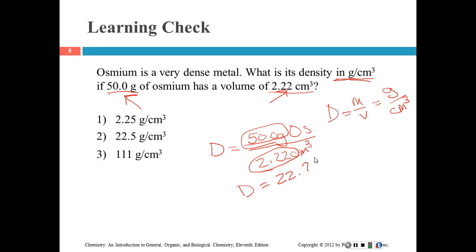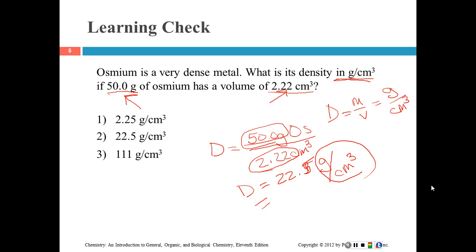I have to look. It's 5, sorry. 22.5 grams over cubic centimeters, because that's the combined unit there of density.